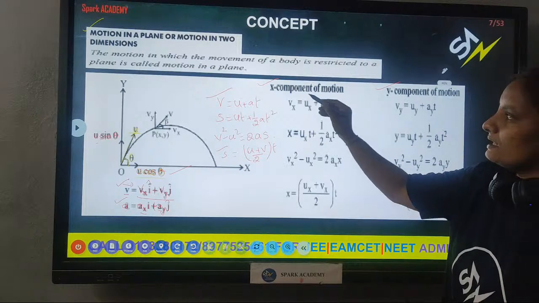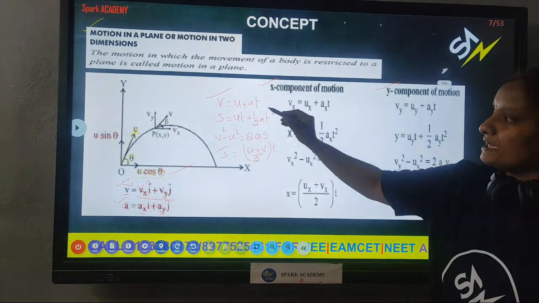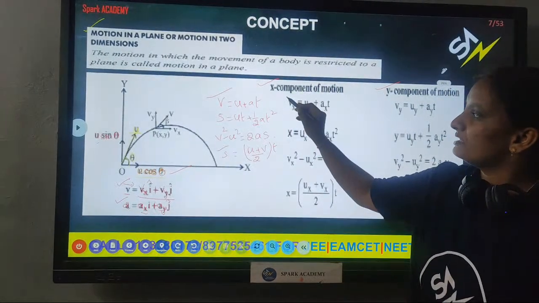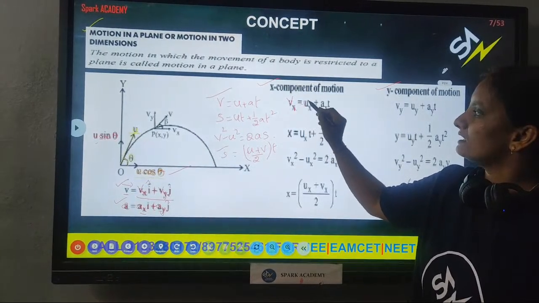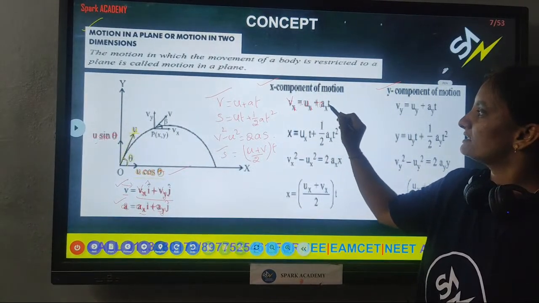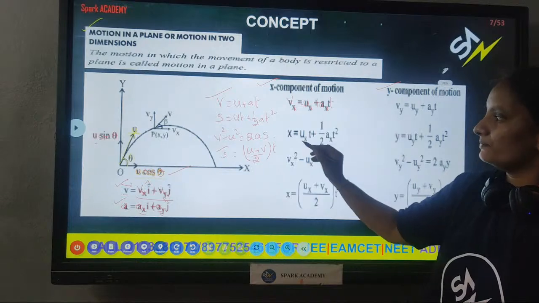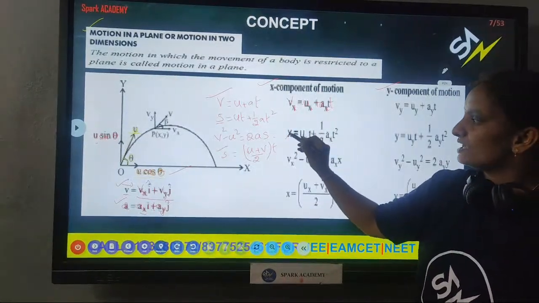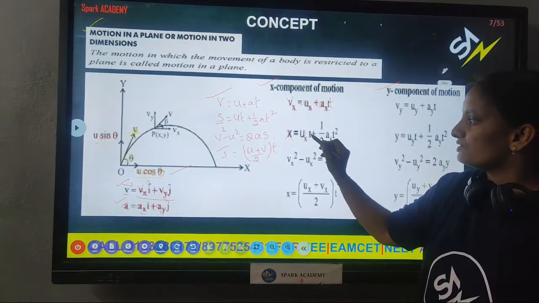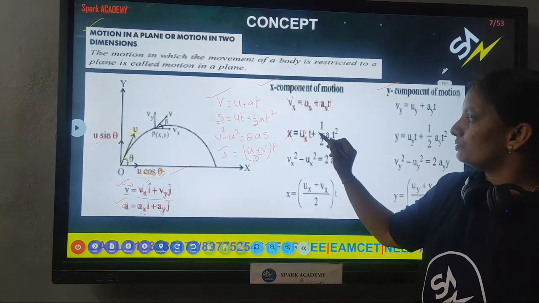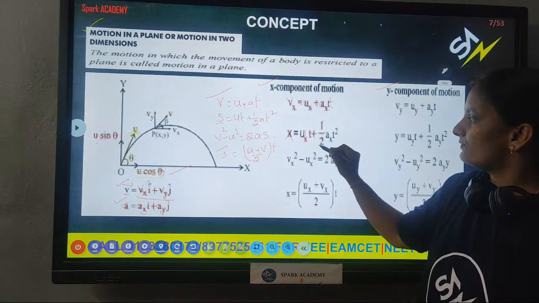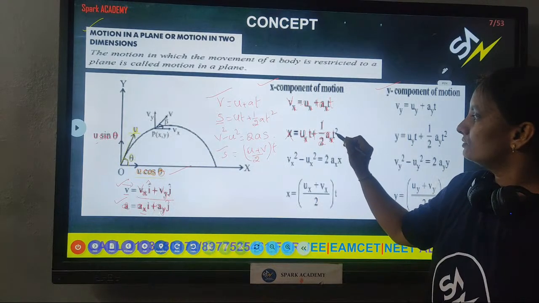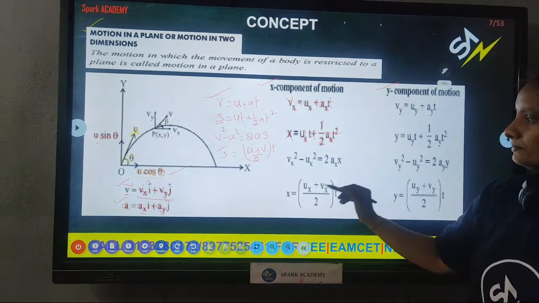So let us see the x component of motion. This equation can be written: vx is equal to ux plus ax into t. Displacement along x direction, let us take x: ux component into t plus half ax into t square.